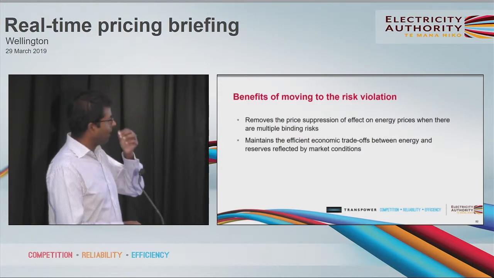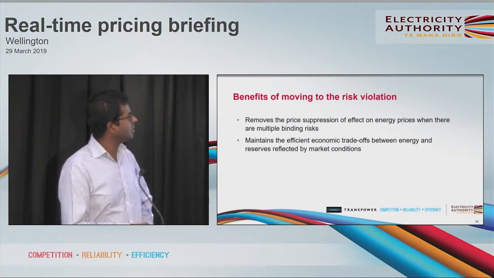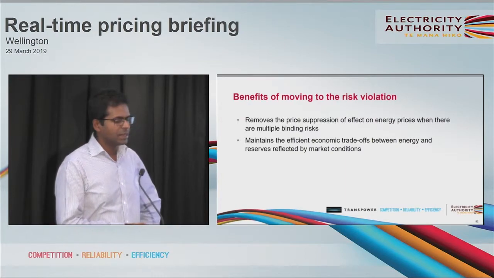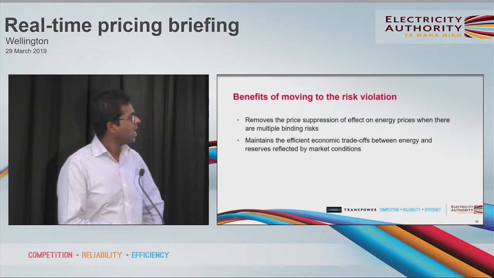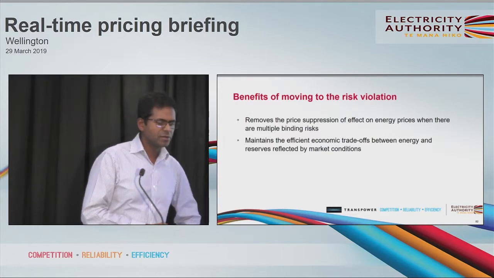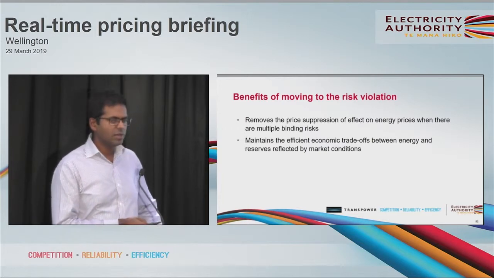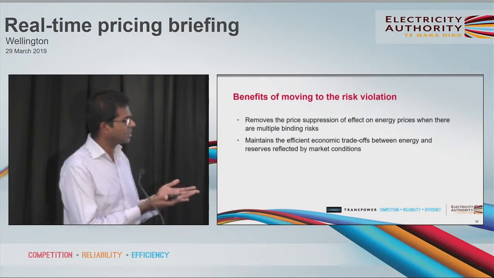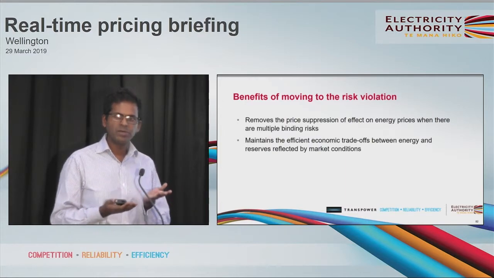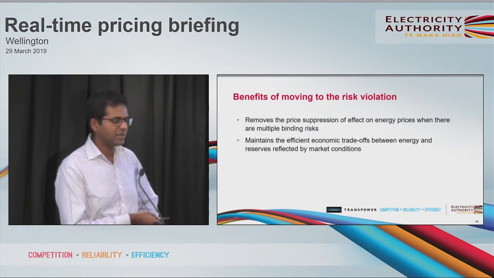So I guess the benefits of moving to the risk violation model was really to remove these price suppression effects, and also to maintain the efficient trade-offs. And I'm trying to illustrate in these examples that even though we move to the risk violation, the efficient trade-offs still exist. We're still having energy and reserve being evaluated at their respective levels.